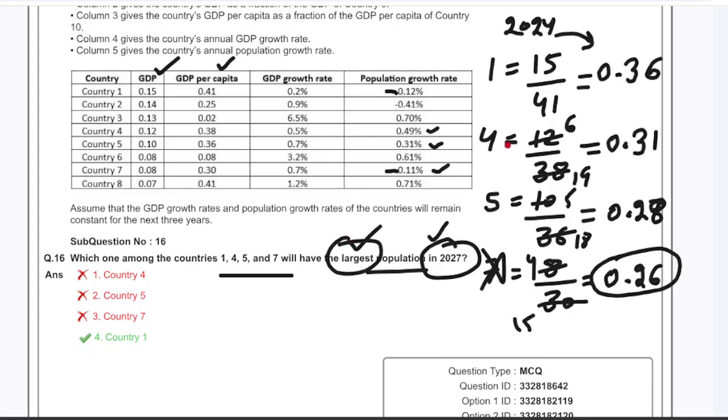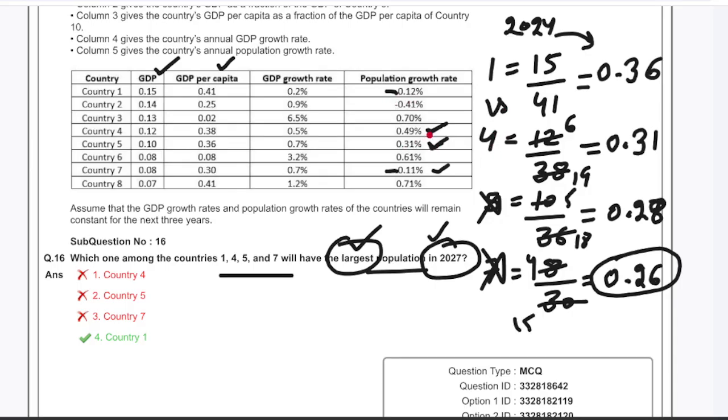Now, out of country 4 and 5, country 4's increase in population is more than country 5, and 4 has higher population also. So country 5 will also, if it increases, again be lower than number 4. Now, the only calculation we have to do is for country 1 versus country 4. Here is a minus of 0.12%.